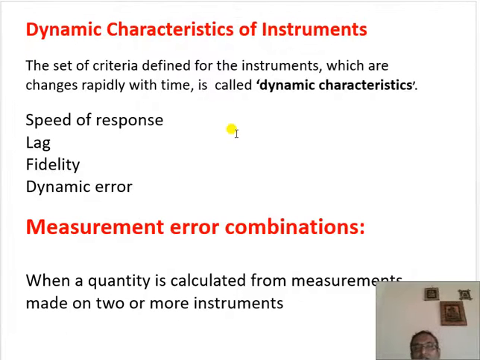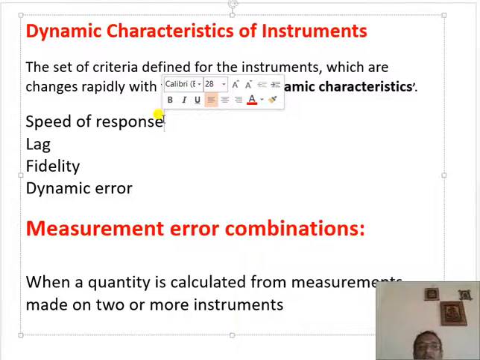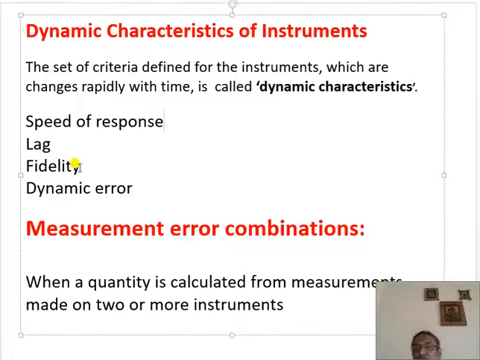Similarly, in the previous classes, we studied the dynamic characteristics of measurements. In this we studied the different characteristics. The speed at which the device responds is known as speed of response. Lag is the time taken by a device to read and send the data back to the measurement device, the time taken to display a value.